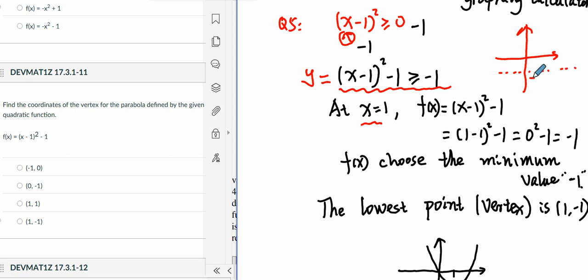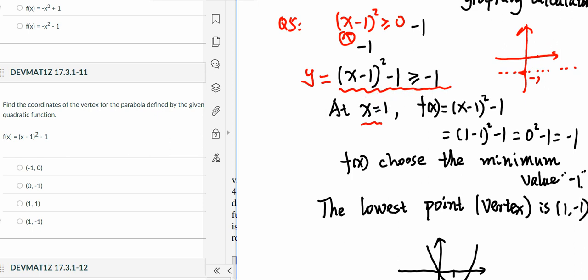So this is negative 1. The lowest point is right here. Its graph is always above this dotted line. But at which point will the graph be negative 1? We have said that x equals 1.